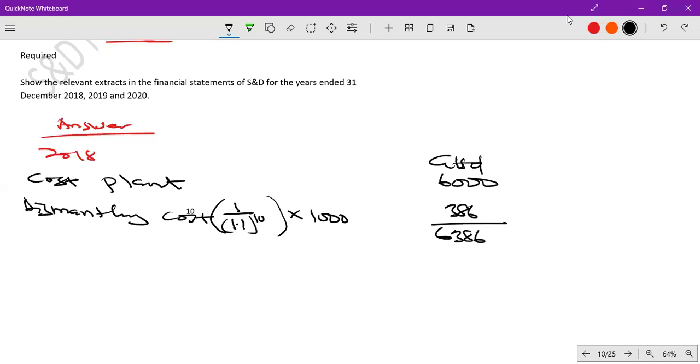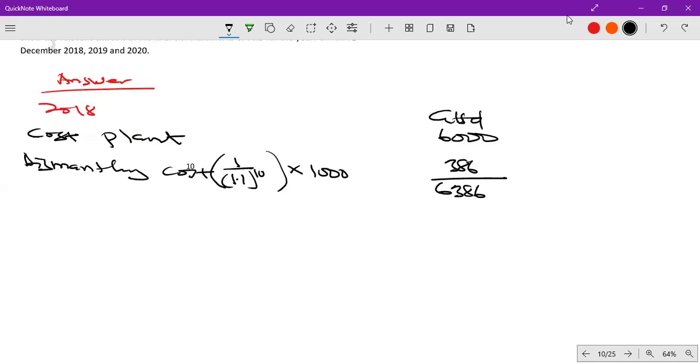Are we there now? Yes, sir. Okay. So at this 2018, we need to charge our depreciation. Is that not it? The depreciation will be 6,386 divided by 10 years.